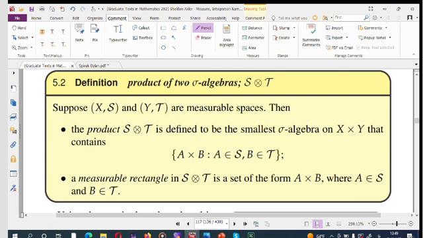This set is not a sigma algebra, and we must construct the smallest sigma algebra that contains this set. This smallest sigma algebra is called the product sigma algebra S tensor T.